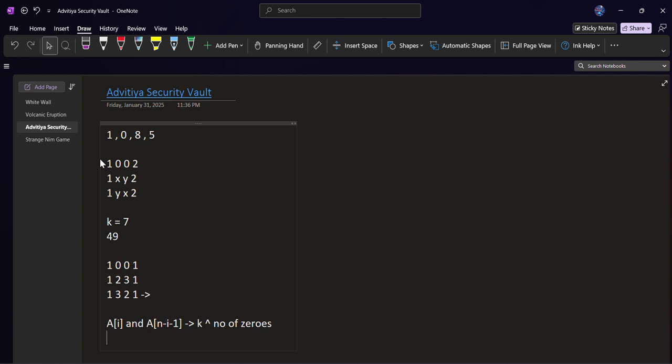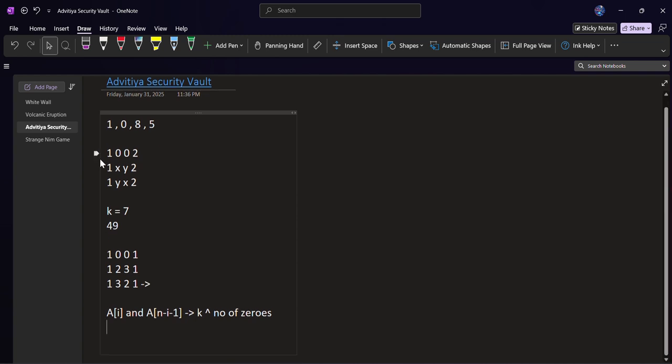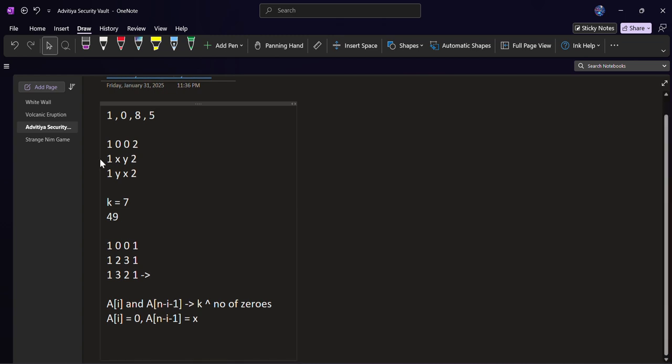But what if it is possible to generate the reverse? So there are four cases. First, a of i equals 0 and a of n minus i minus 1 equals x.